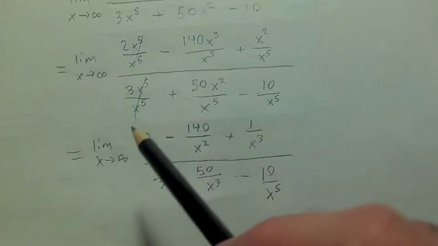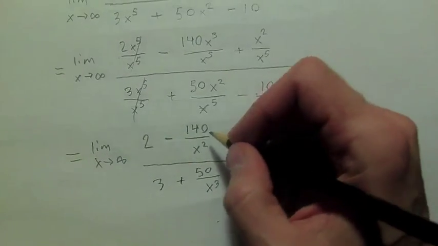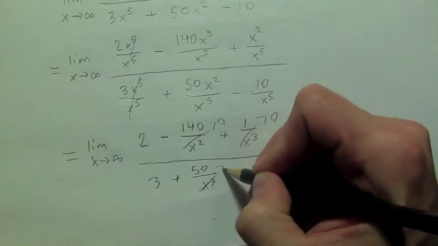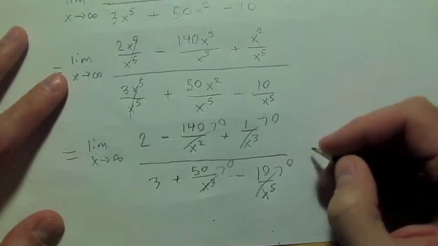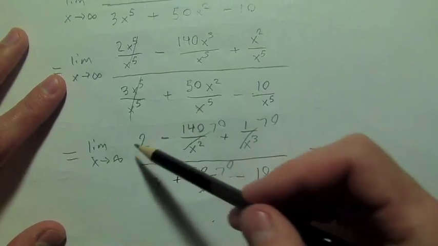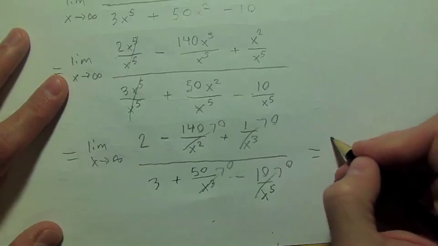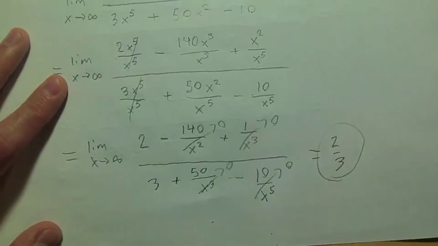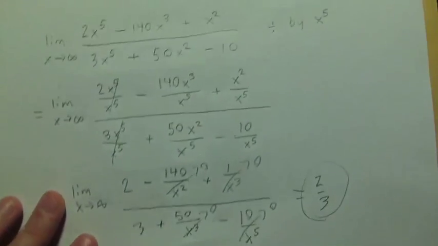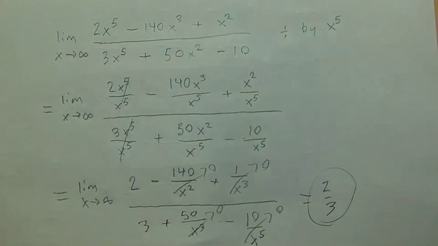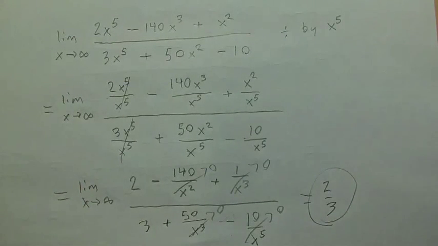Again, x is going to infinity, so everything with x's in the denominator goes to 0. And so we're left with 2 minus 0 plus 0 over 3 plus 0 minus 0. So this is 2/3.